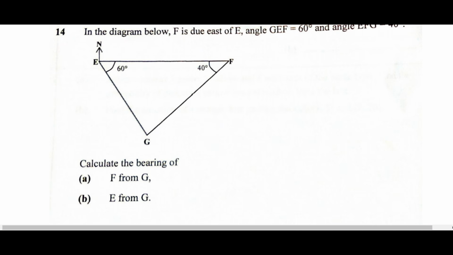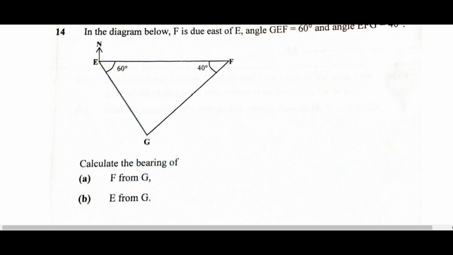In the diagram below, F is due east of E. So this point, due east of E, is very important. So this line is a horizontal line. Then angle EFG is equal to 60 degrees, angle FEG is equal to 40 degrees.